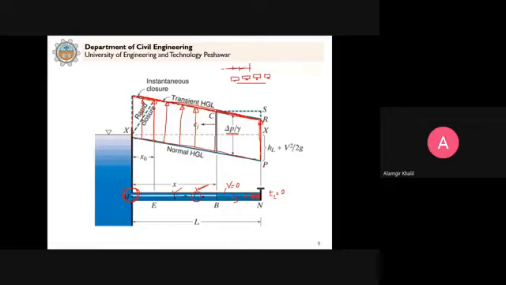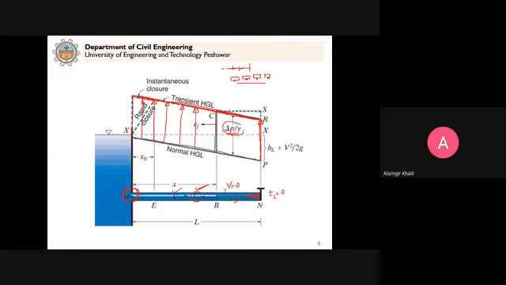Now the pressure variation line is this one. And why does this increase in pressure occur? Because of the water hammer. Clear? So this water hammer has caused all the points in the pipe to experience this increase in pressure.